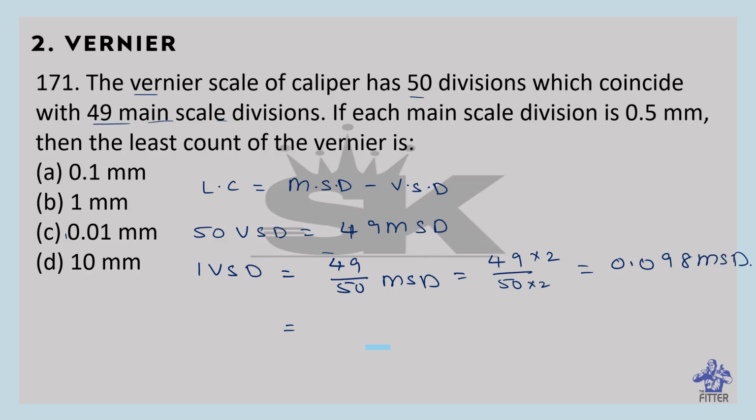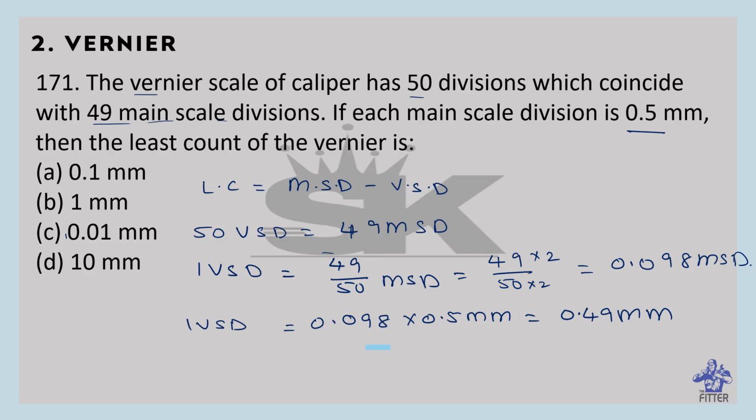So 1 VSD equals 0.49 mm. How? So here 0.98 into 0.5 mm. Each division is 0.5 mm, right? So 1 VSD equals how much? 0.49 mm.